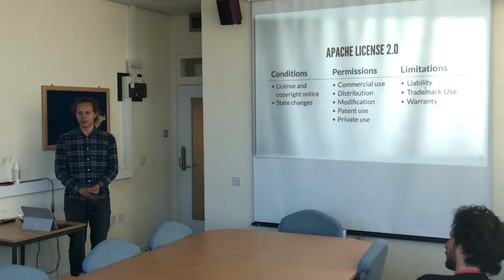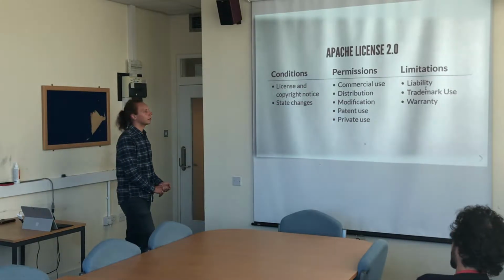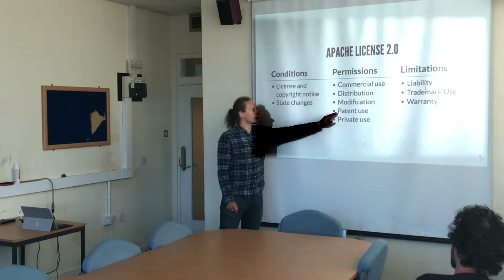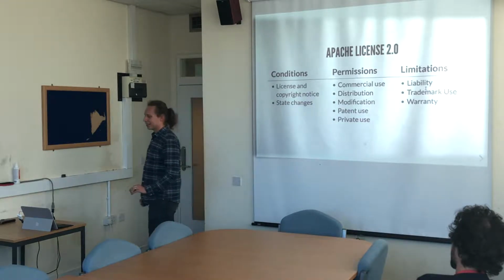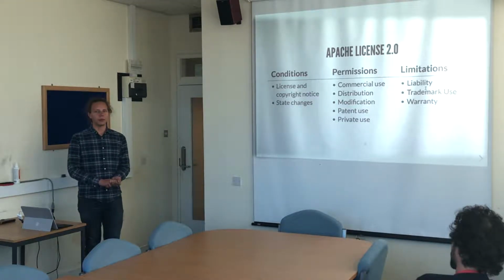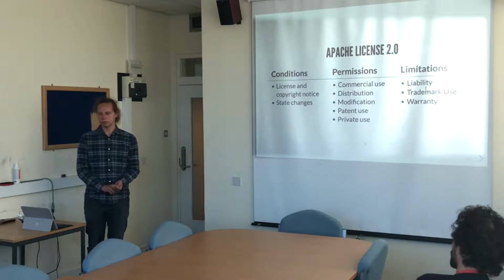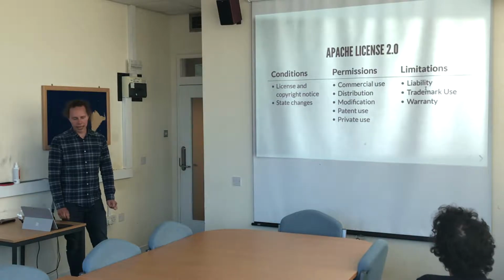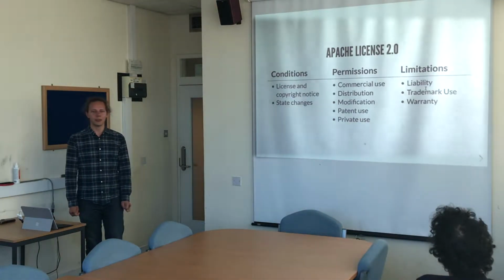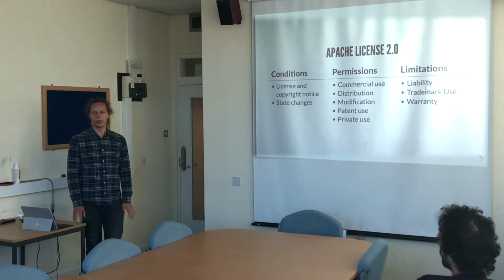You have to make some sort of a list of the changes you've done. The other thing is, it explicitly states that you can use the software in something that you patent. And you cannot use any trademarks associated with the code.